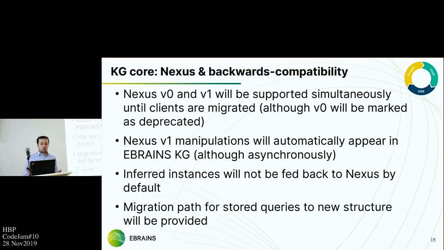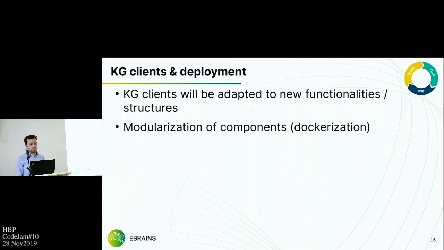So we have these interfaces in addition to the APIs that I was just showing you, which are mostly for convenience. Migration paths exist for the current clients, so don't worry too much about that.